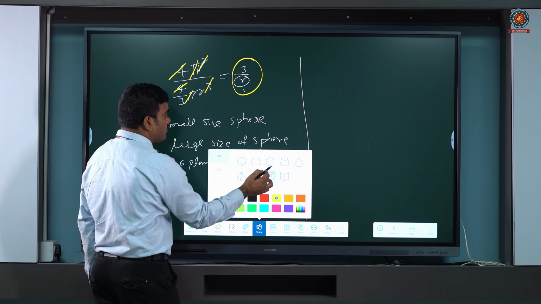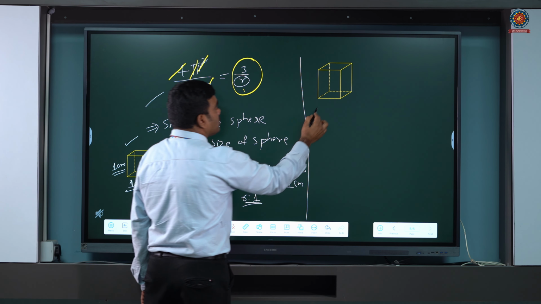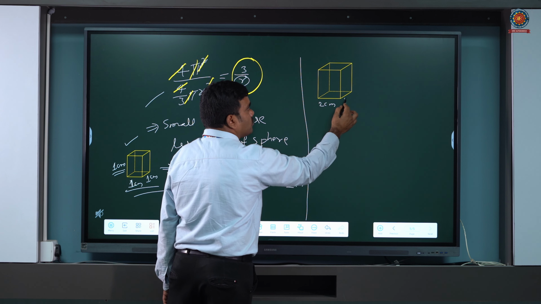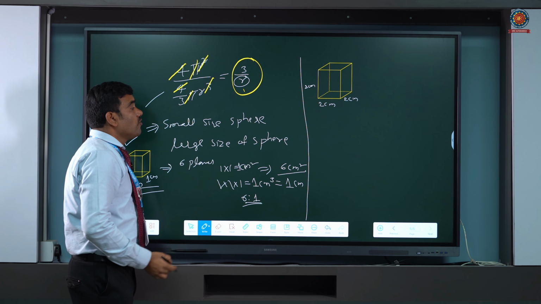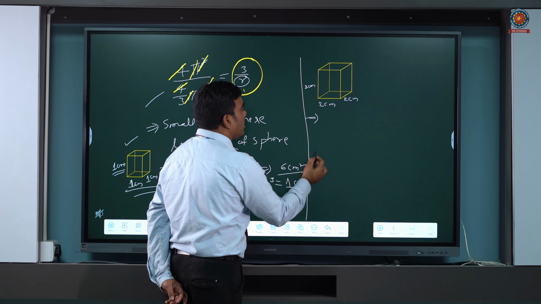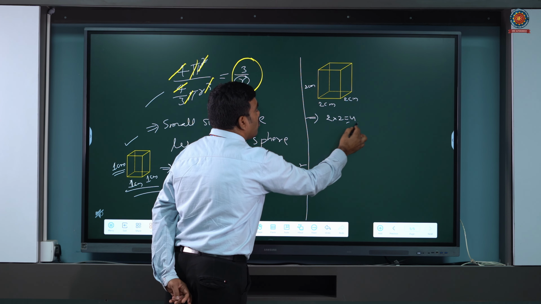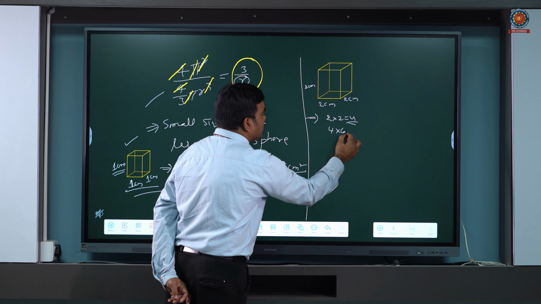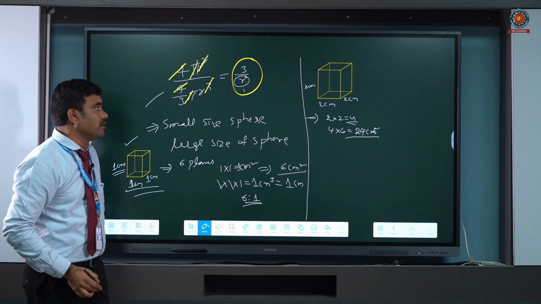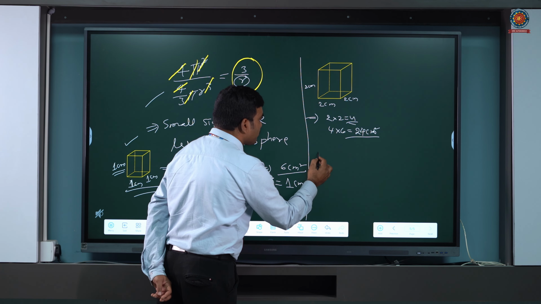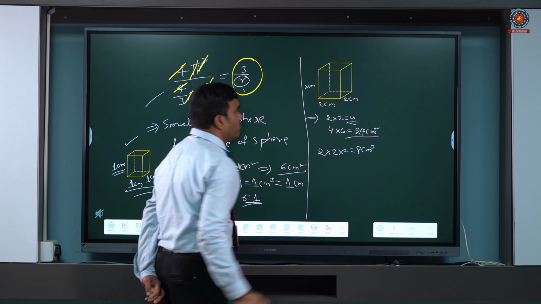Take another cube, a bigger, large size cube. Suppose this cube is 2 centimeter length, 2 centimeter width, 2 centimeter height. What is the surface area of this cube? One plane is 2 into 2, which is 4, and 4 into 6 equals 24 centimeter square. This cube's volume equals 2 into 2 into 2, which is 8 centimeter cube.